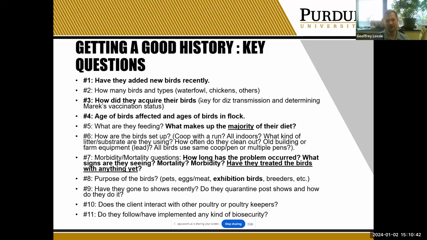And I ask them, have they added new birds? Nine times out of 10, the answer is yes. The single riskiest thing a person can do to introduce disease to their flock is to add new birds, especially if we're talking about birds from auction houses or public livestock auctions, birds coming from exhibition shows.